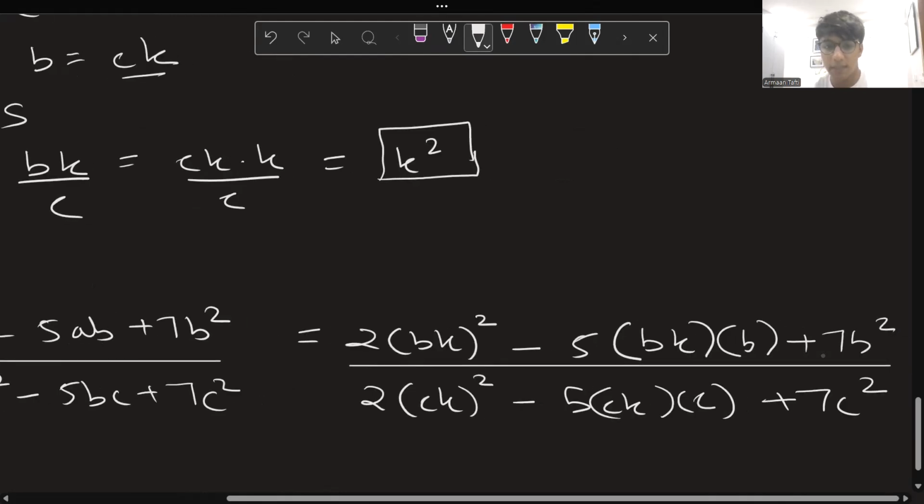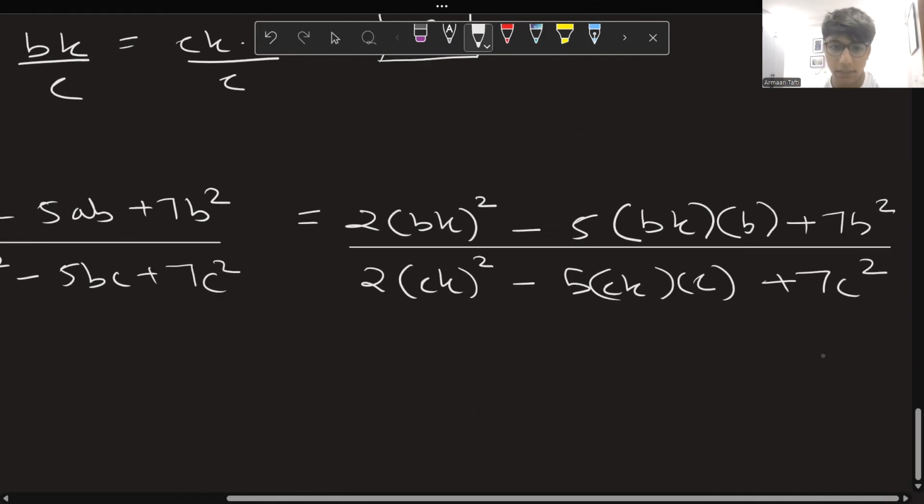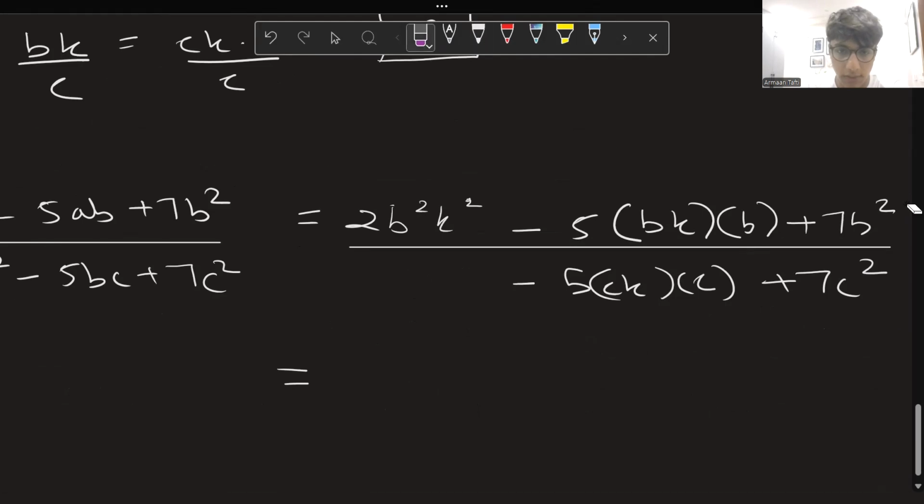Now you guys may be seeing a pattern here. Let's break this down and see what it is exactly. So over here you can see that b square is a common term everywhere, right? Like if I can write this as 2b square k square, and if I write this as 2c square k square once, right?